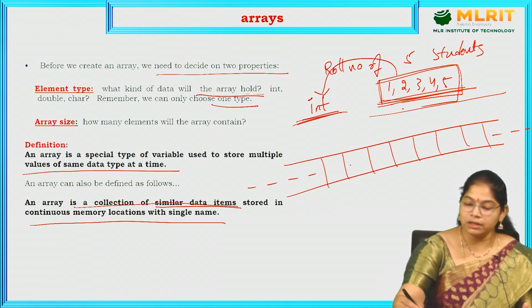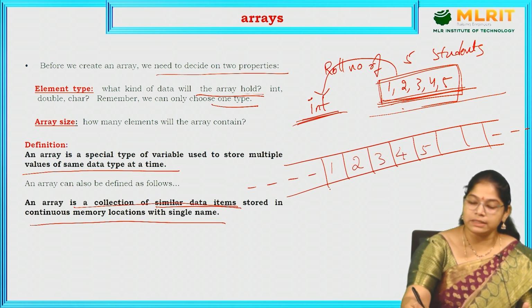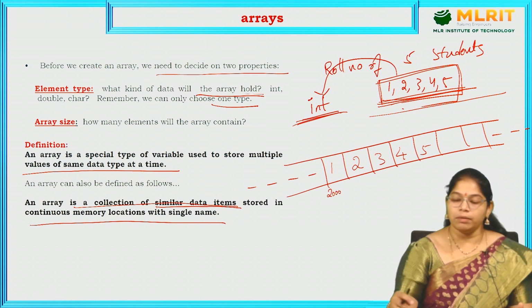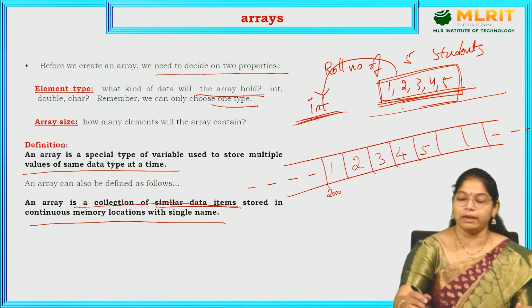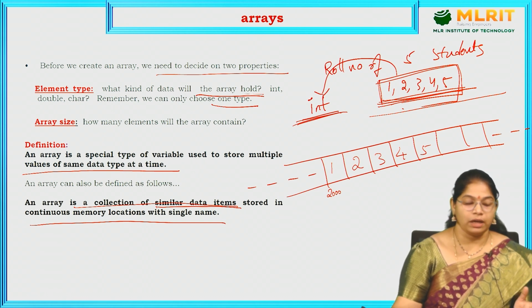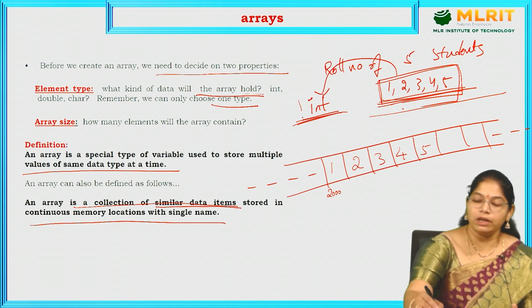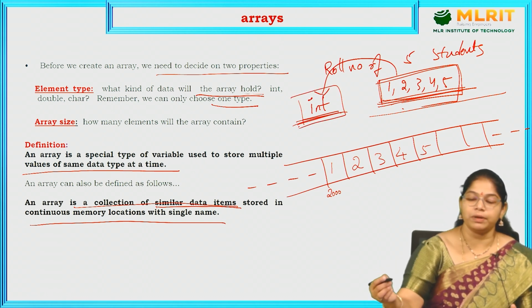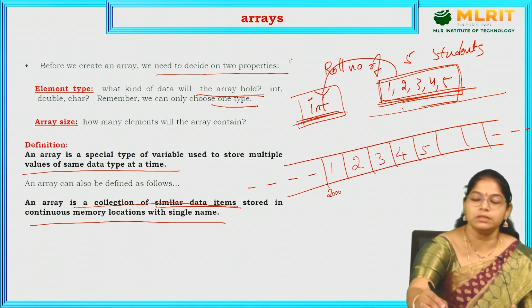The values I provided here are 1, 2, 3, 4, 5. Let us suppose the base address, which is nothing but the address of the first element, is 2000. We know the size of the integer data type is, let us suppose, 2 bytes.